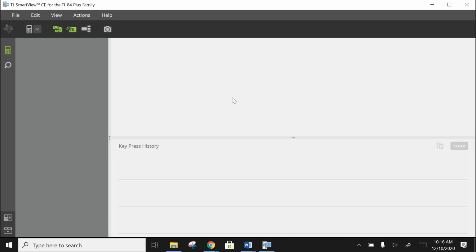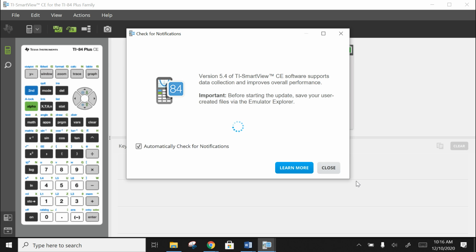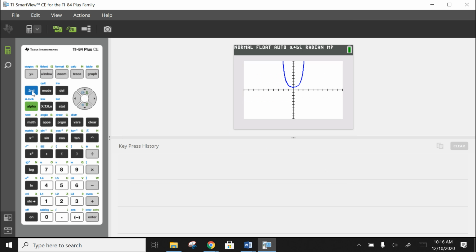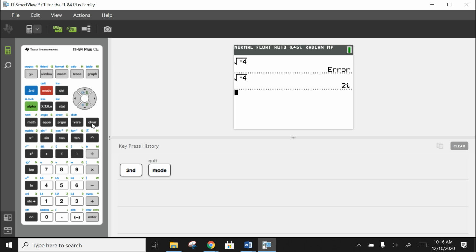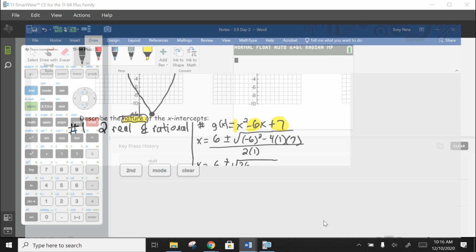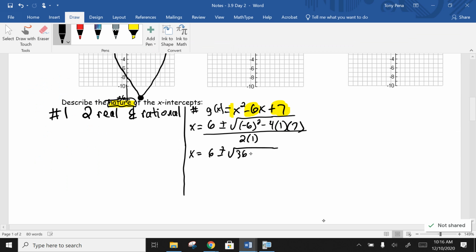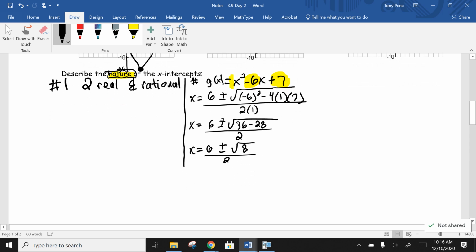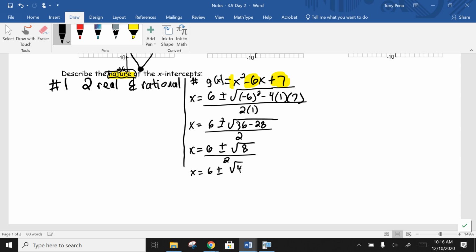So here we go. All right. So we should get 36 minus 28. The denominator would have been a 2. So inside here, you get 6 plus or minus the square root of 8, all divided by 2. I'm going to simplify that root 8 with a root 4 and a root 2.